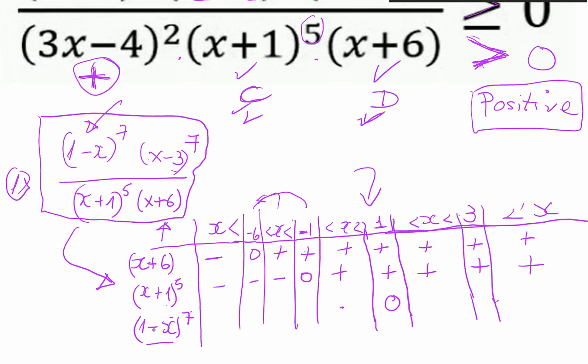Of course, when you subtract a negative number, it gives positive. Then those are positive. Think about it carefully. And to the right of 1, where x is greater than 1, it gives negative.